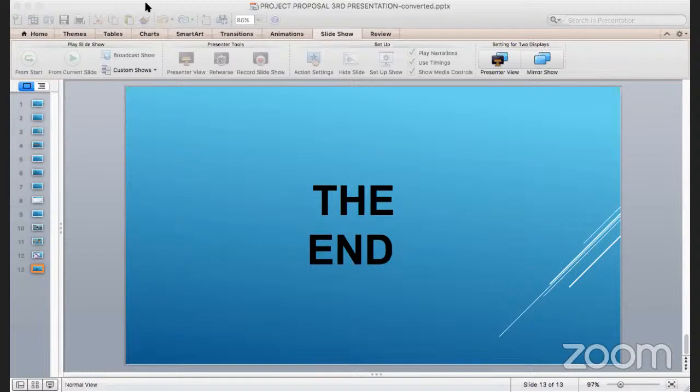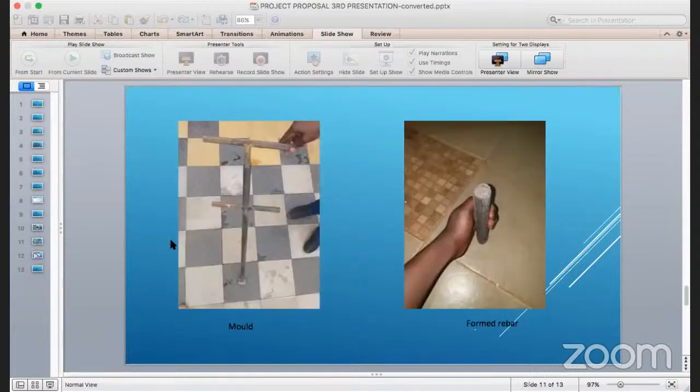Now let's see the mold that you're using for making this bar. So this is a steel tube. Then you place your molten plastic with the sand inside.